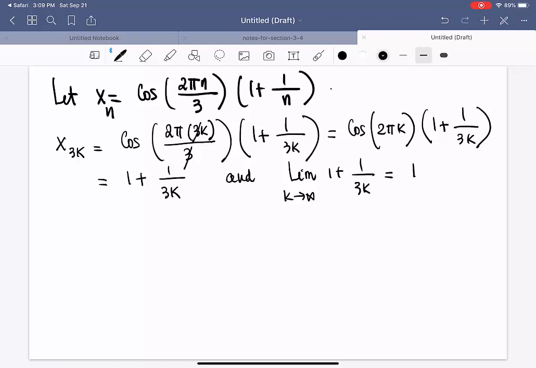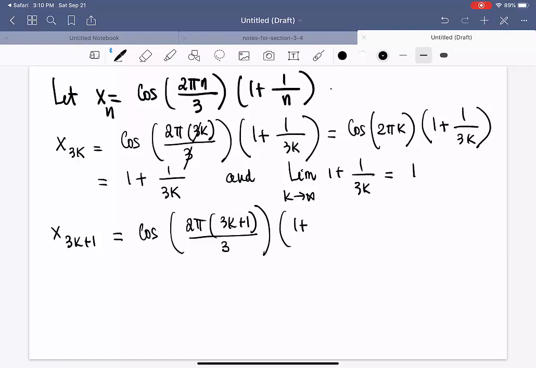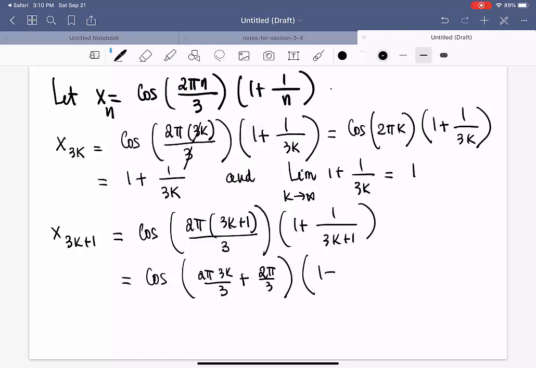On the other hand, if we compute x of 3k plus 1, then we'll have cosine of 2 pi times 3k plus 1 over 3 times 1 plus 1 over 3k plus 1, which is cosine of 2 pi 3k over 3 plus 2 pi over 3 times 1 plus 1 over 3k plus 1.